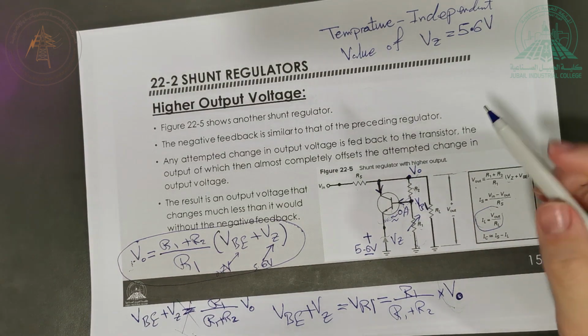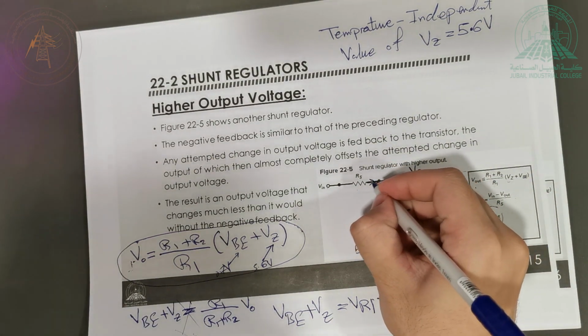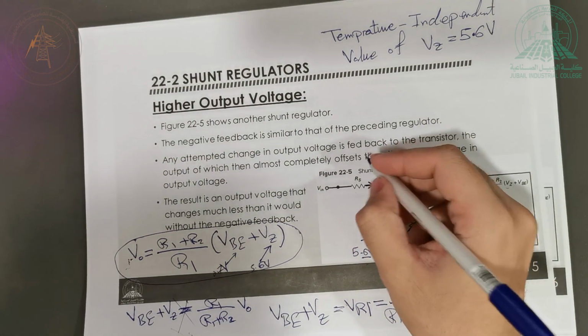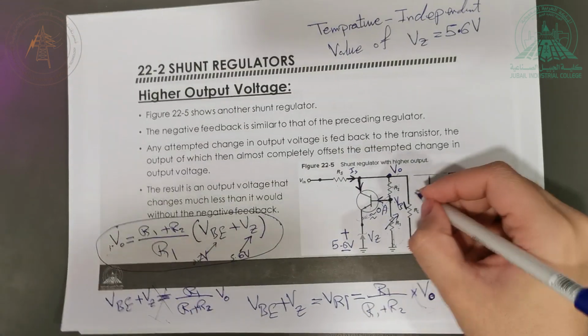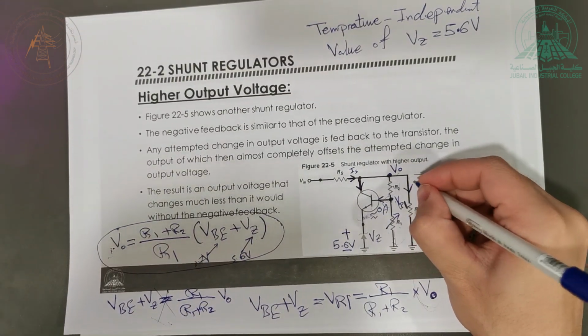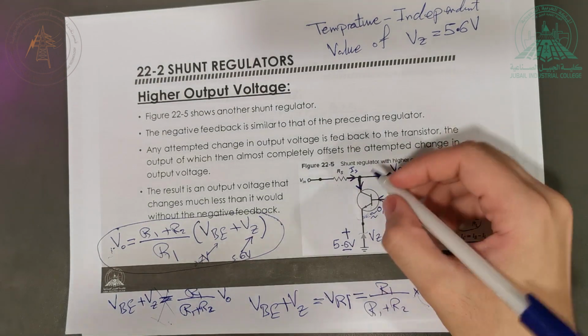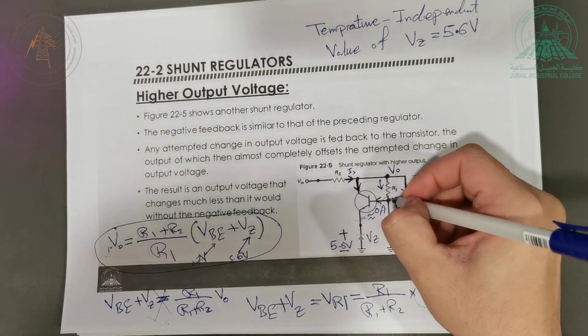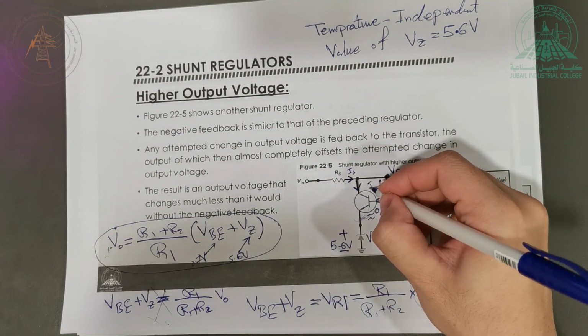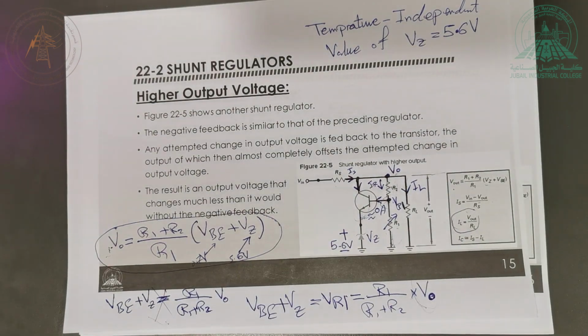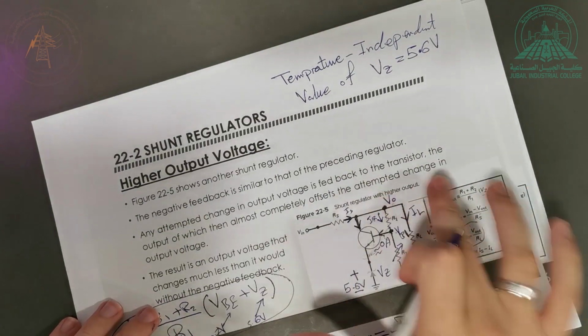In this case, look, I have IS here. I have IL. But still, here I can have a current also, right? Here I have current moving inside here. You can call it IR. So what is the relationship here?